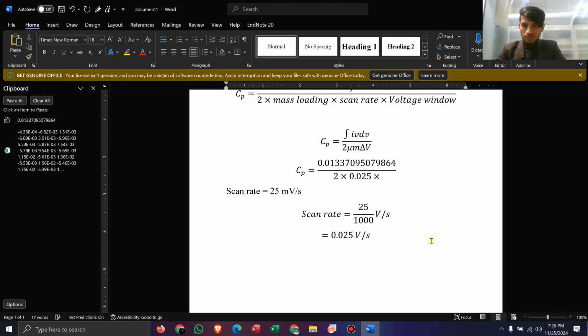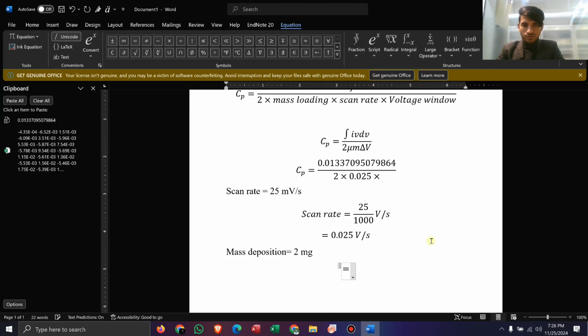The mass that I have deposited on the nickel foam was 2 milligram, so that will be equal to 2 divided by 1000, which converts into gram, and that is equal to 0.002 gram.